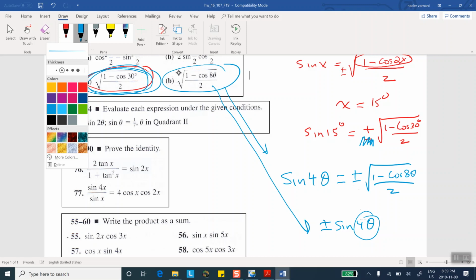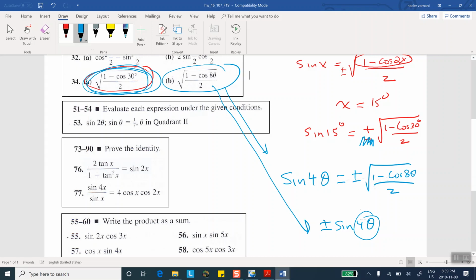This expression, square root of something, is always positive. Square root is always positive. Therefore, when I write this, I really should not be taking the negative sign anyway. So the answer to B is simply sine of 4 theta, as simple as that, under the assumption that 4 theta will give you a sign that is positive.